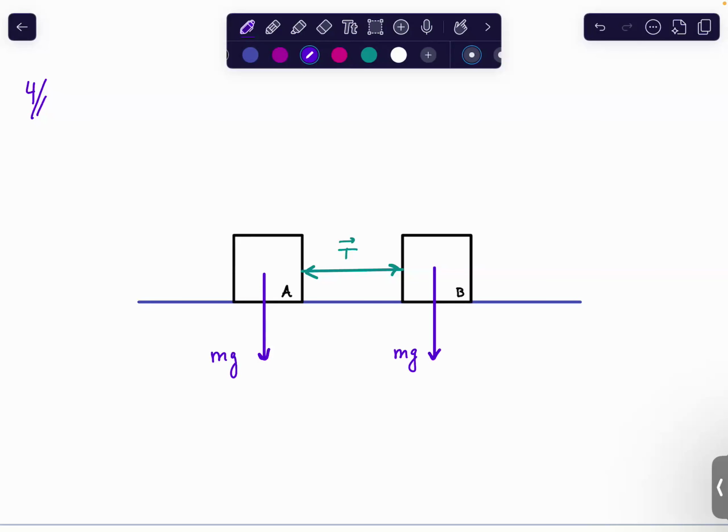Now you notice I just called them both mass times gravity. That's because these blocks are both going to be the same mass, which we'll end up being able to factor out, which makes this nicer. They're both going to have a normal force.